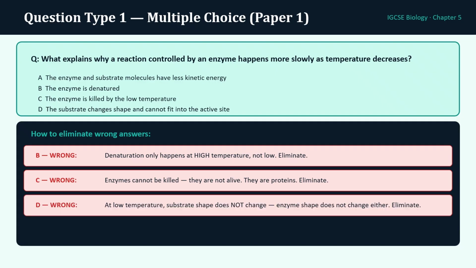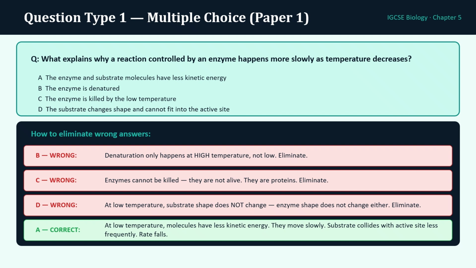Option D. The substrate changes shape and cannot fit into the active site. Wrong. At low temperature, neither the substrate nor the enzyme changes shape. Shape only changes during denaturation, which requires high temperature. Eliminate option D. Now the correct option is option A. At low temperature, molecules have less kinetic energy.